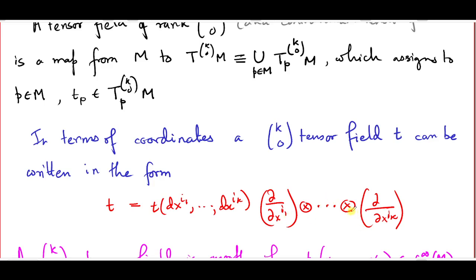If you change your coordinate system, the x's will change, so will the basis vector fields ∂/∂x's, and of course, so will these one forms here, and overall the coefficients are going to change.